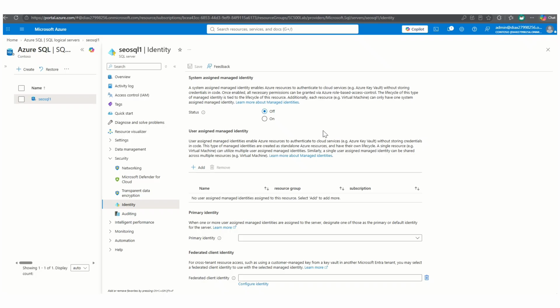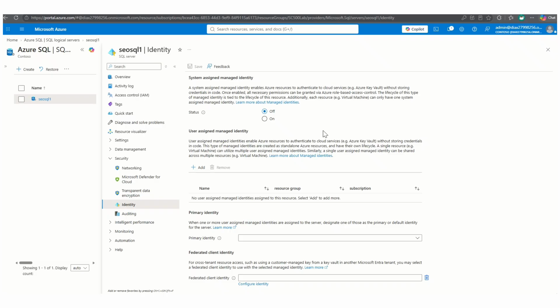Once enabled, all the necessary permissions can be granted via Azure role-based access controls. And the life cycle of this type of managed identity is tied to the life cycle of this resource.